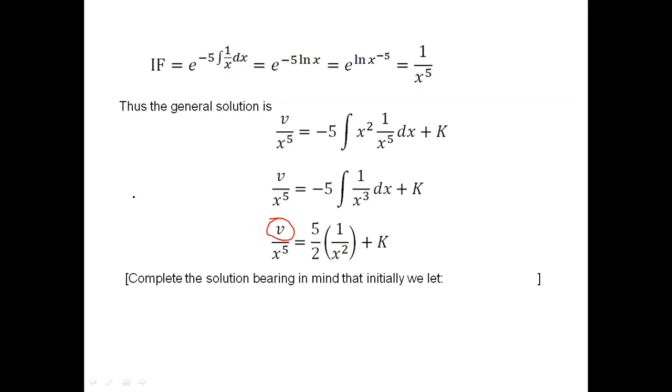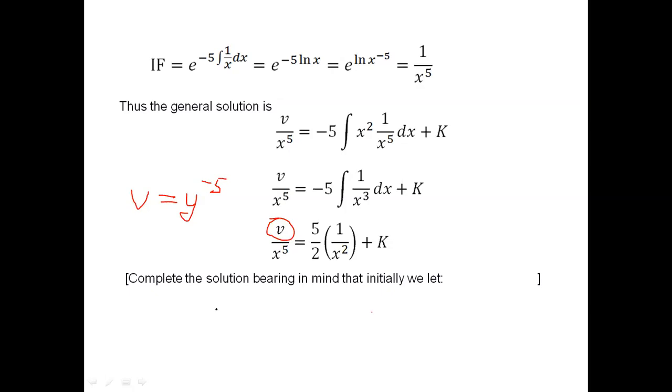We had assumed that we let v be equal to y raised to the power negative 5. So what do we do? We slot this value back. Where there is v, we replace it with y raised to the power negative 5. That is going to be our final solution.